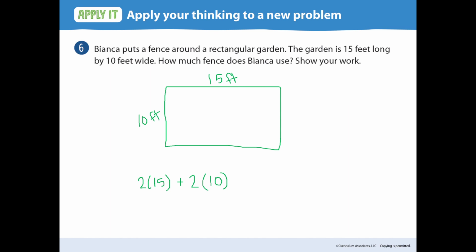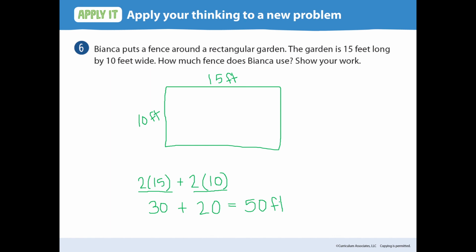And we do remember our order of operations, multiplication always comes first in the problem before addition. So we're going to be solving this, then we are solving this, then we'll be adding them together. So we have 2 times 15, which is 30, plus 2 times 10, which is 20. So that means that Bianca needs 50 feet of fence to go around her garden.